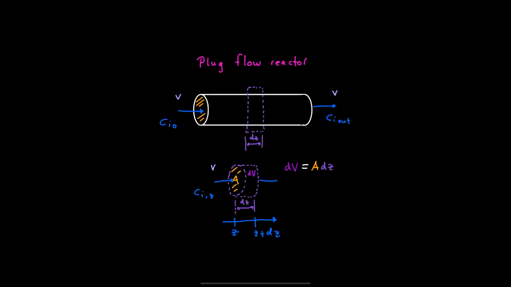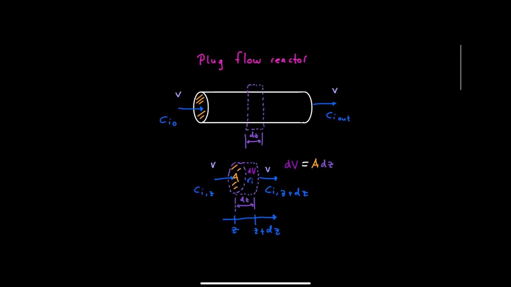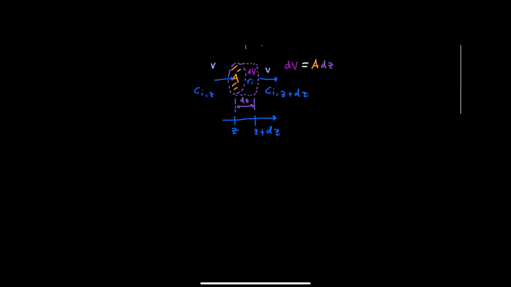And leaving our segment, we would have the volumetric flow rate V and the concentration of the species I at the position C plus dc. And within our segment, we would also have our reaction taking place. So we have to consider the reaction rate of the species I.